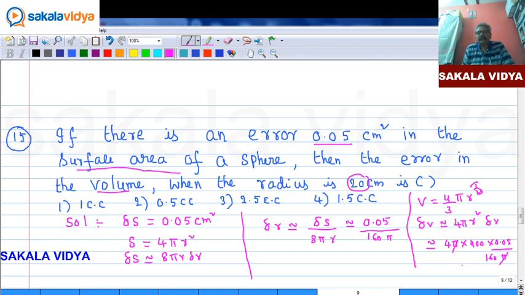Pi gets cancelled. Okay, sorry, this is 10, so this will be 10 into 0.05. So that means second option is the right option.